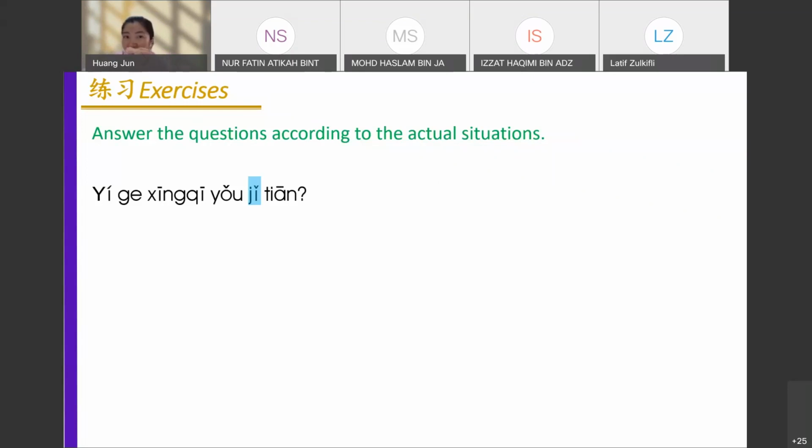Very good. It's a number less than 10, right? So after you have settled that, you can already know what kind of things will be the possible answer for 一个星期有几天?